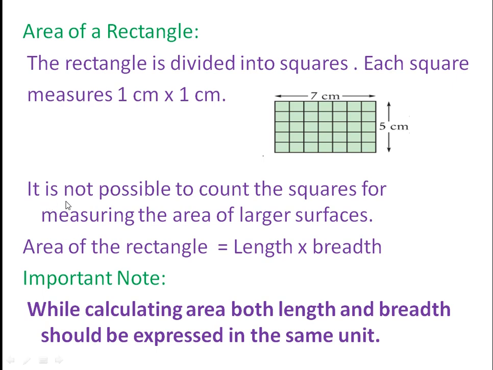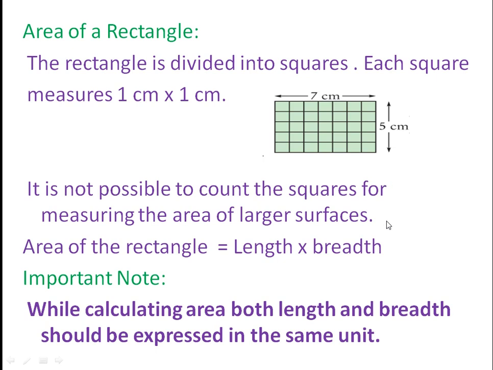The area of the rectangle is equal to length multiplied by breadth. Breadth and width have the same meaning, no difference. This is the concept of the area of the rectangle.